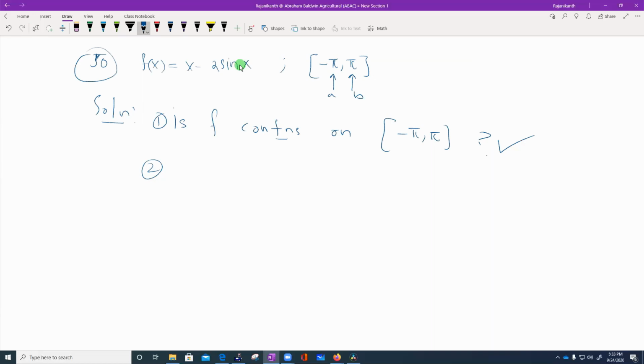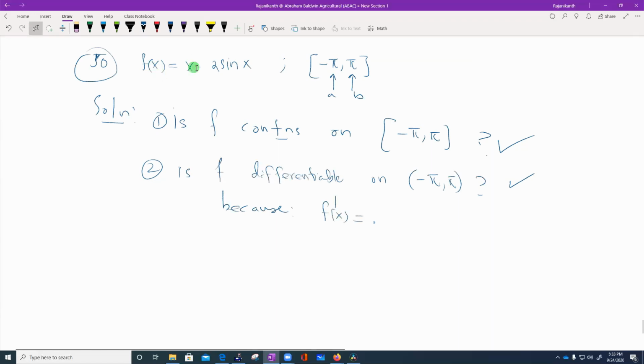So if you ask this question, is f differentiable on the open interval? Again, the answer is yes. Okay, why is it yes? Because if you look at the derivative, it is simply the derivative of x is 1, the derivative of sine x is cosine x.